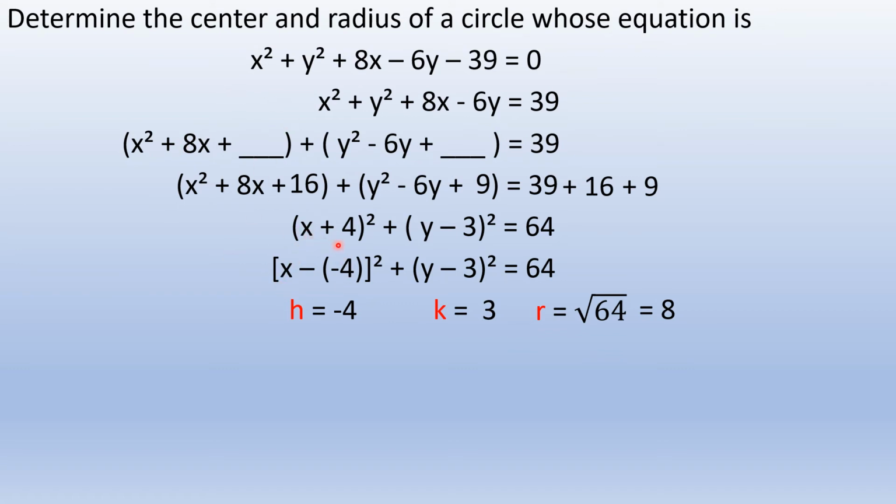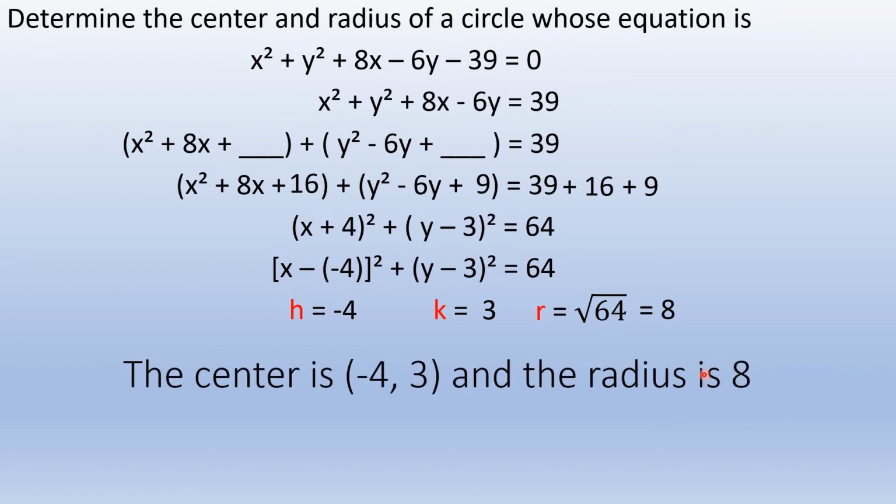So, (x plus 4) squared, so (x minus negative 4) squared. Ang h natin ay negative 4. (y minus 3), so ang k natin ay 3. And the radius is the square root of 64, which equals 8. So, therefore, the center is at (negative 4, 3) and the radius is 8.